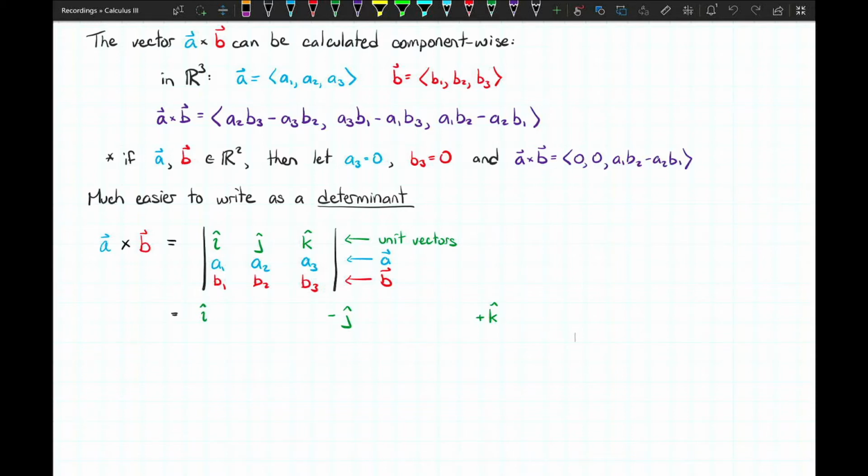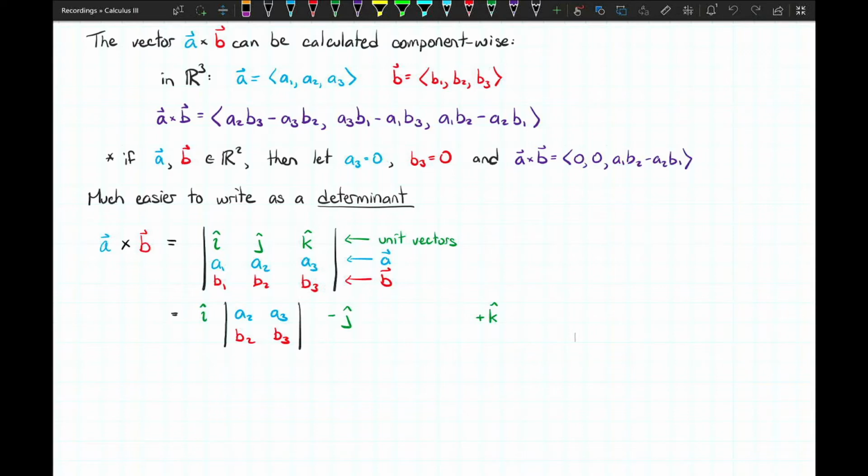Each term consists of a product of one of these elementary unit vectors and a determinant. Since i is in the first row and first column, what we do is we actually get rid of the first row and first column of this 3 by 3 matrix and write the remaining entries down. That would be A2, A3, B2, B3, and calculate the determinant of that 2 by 2 matrix.